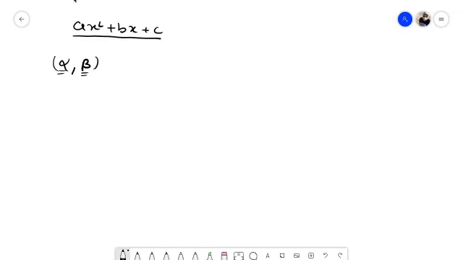Now if alpha and beta are the zeros of the polynomial, then naturally x minus alpha will be one of the factors of the polynomial and the other factor will be x minus beta. These two are going to be the factors of the polynomial.